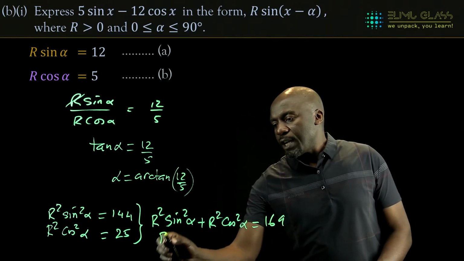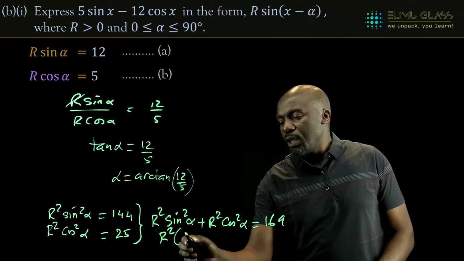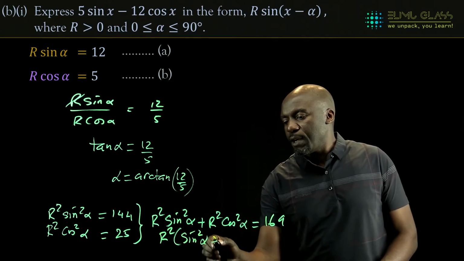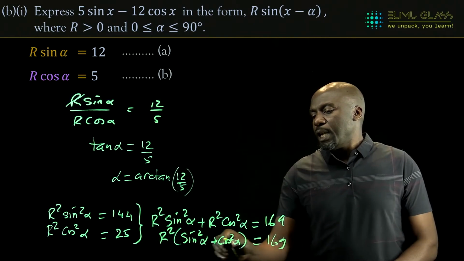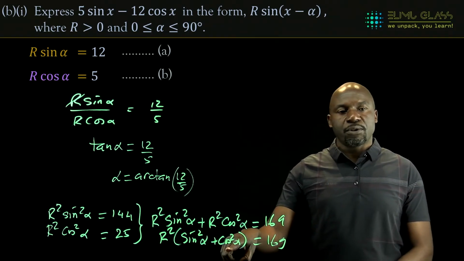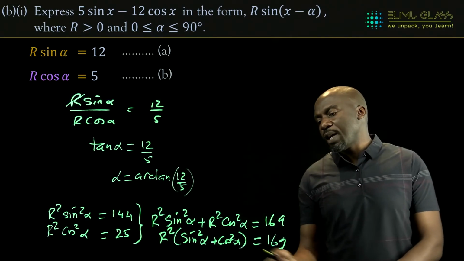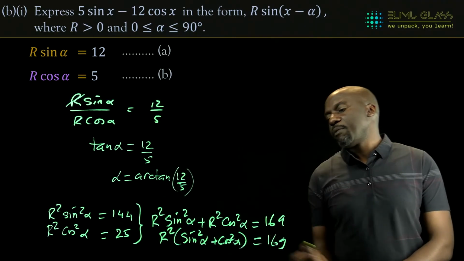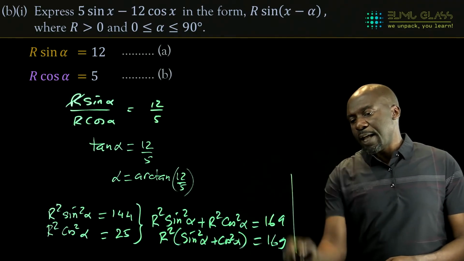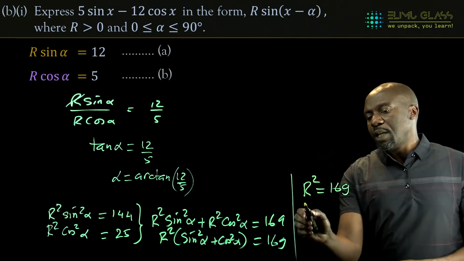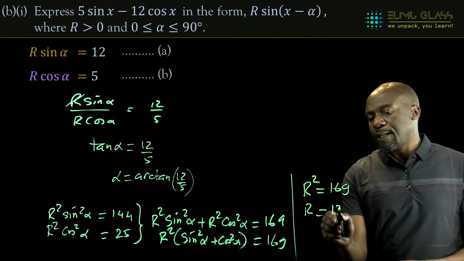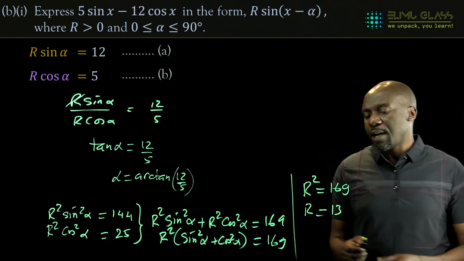I can write this as r squared times (sine squared alpha plus cosine squared alpha) is 169. Now we know sine squared alpha plus cosine squared alpha is actually 1, so the whole thing in the bracket is just 1. So r squared is 169, meaning that r is 13. So we know the value of r as 13.